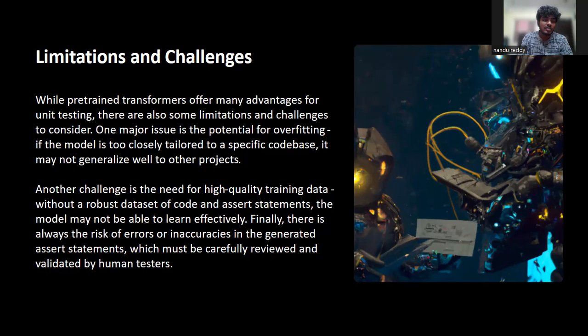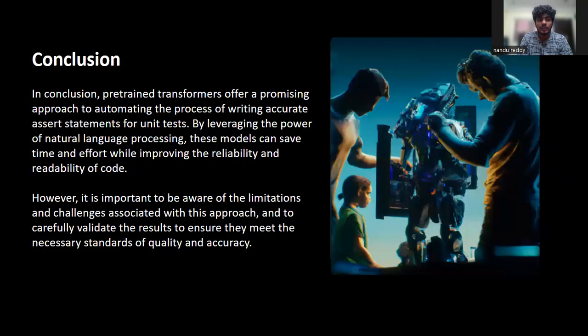Another challenge is the need for high quality training data. Without a robust data set of code and assert statements, the model may not be able to learn effectively. Finally, there is always the risk of errors or inaccuracies in the generated assert statements, which must be carefully reviewed and validated by humans.